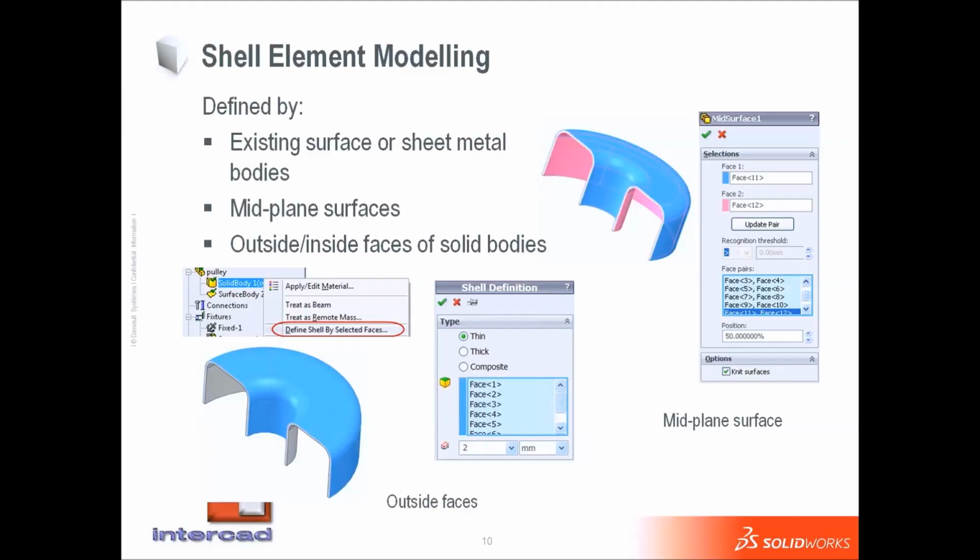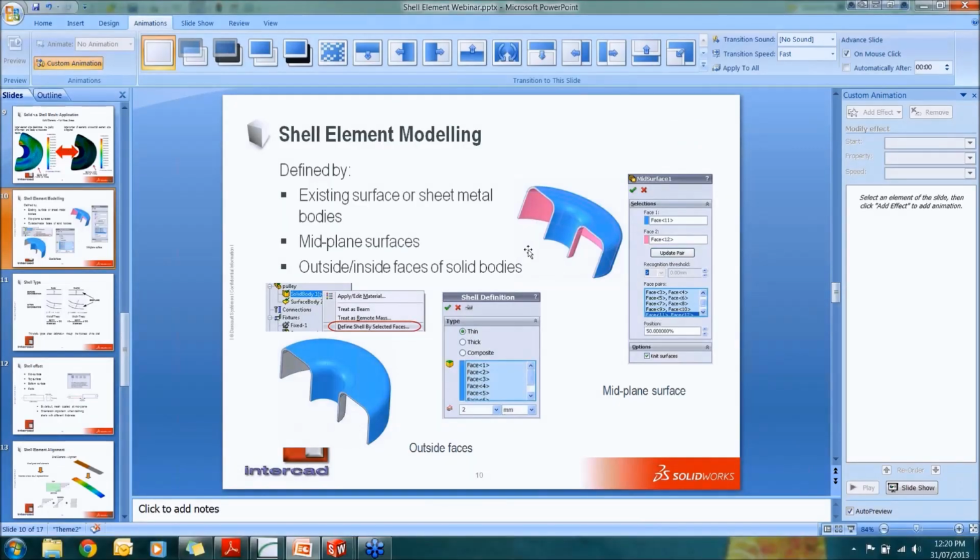By putting the shell elements on an existing surface or on sheet metal bodies, it could be on a mid-plane surface, or it could be outside or inside of the faces of solid bodies. Now, in the second part, we are going to experience this option and see how we can set it up.